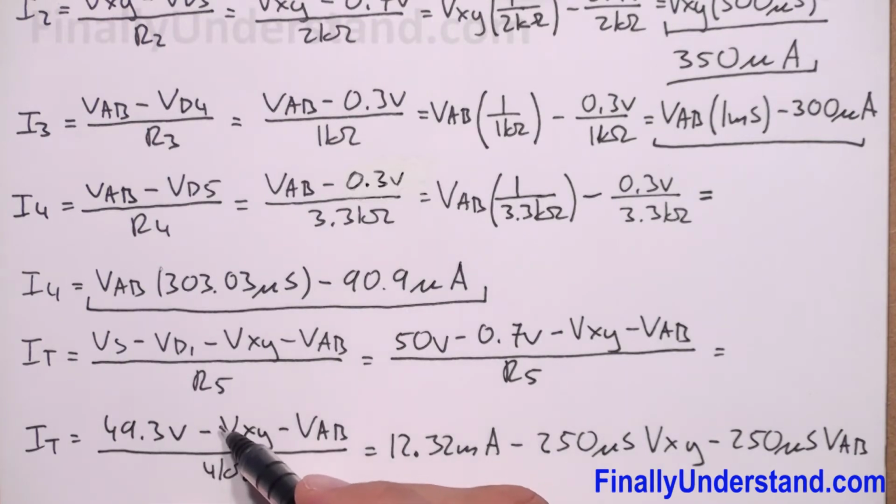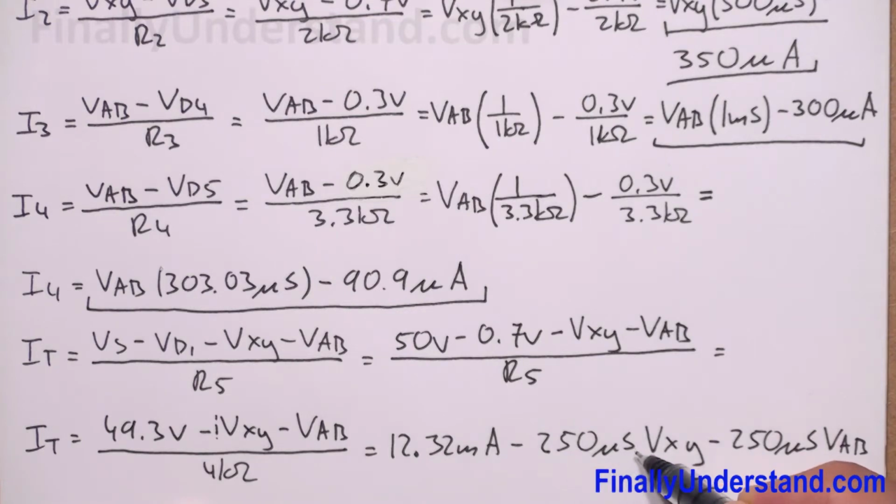Remember, anytime there is no coefficient next to variable, there's always invisible one. So I divide that invisible one by 4k, that's why I got 250 microsiemens. And also there is invisible coefficient over here. I divided this invisible coefficient by 4k and I get another negative 250 microsiemens. Okay, so let's continue.